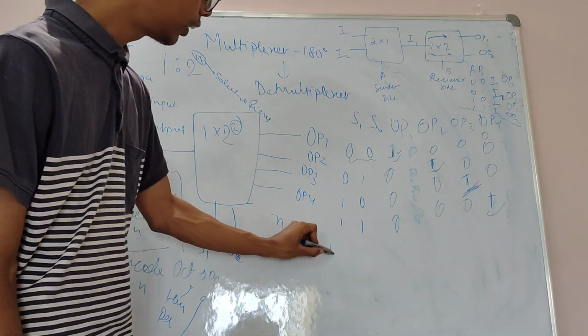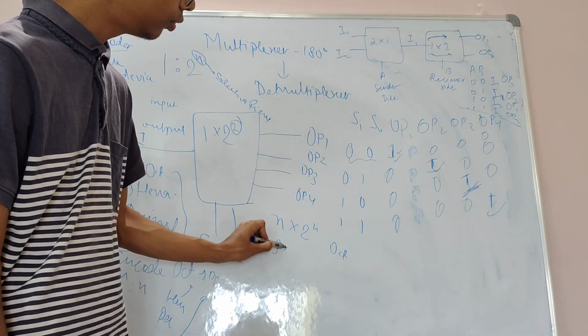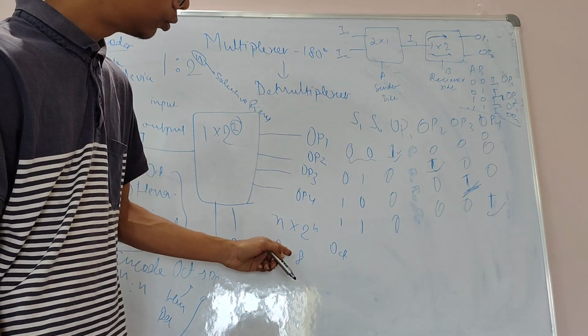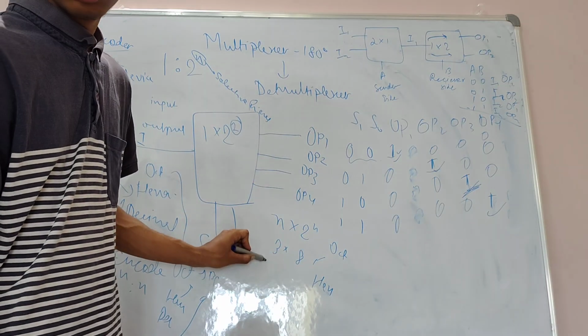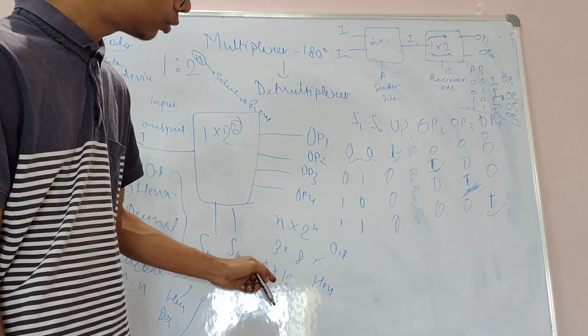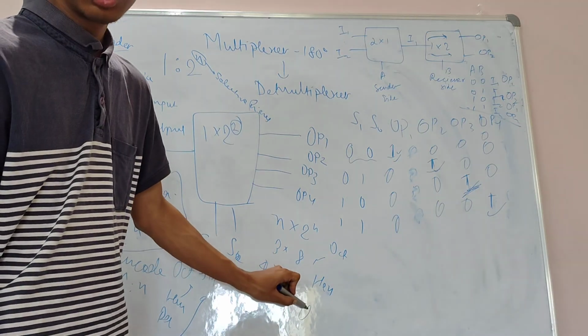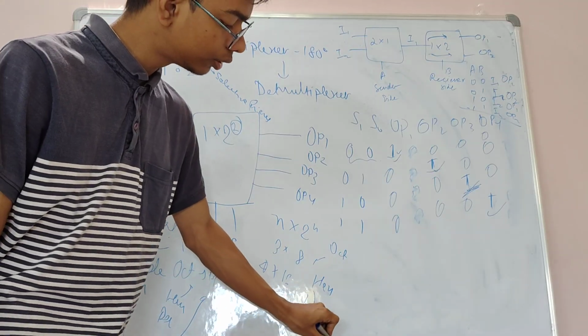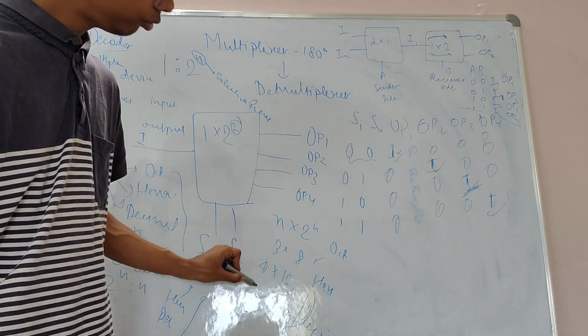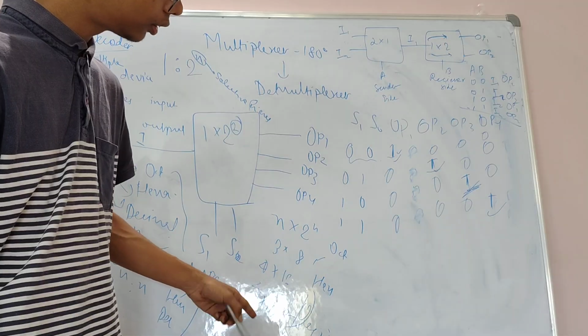For octal it can be written as 8 into 3, that is 2 to the power 3. For hexadecimal it can be written as 16 into 4, that is 2 to the power 4. And for decimal it is written as 10 into 4.